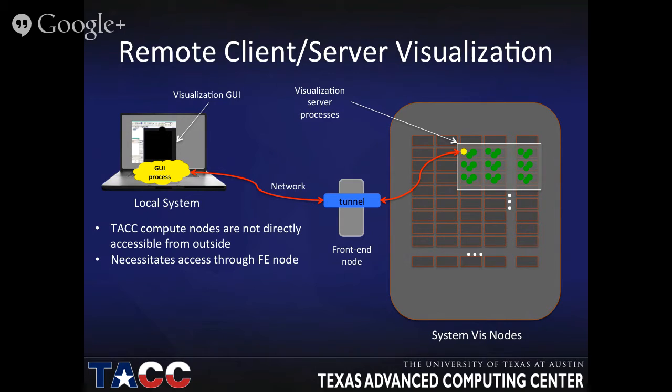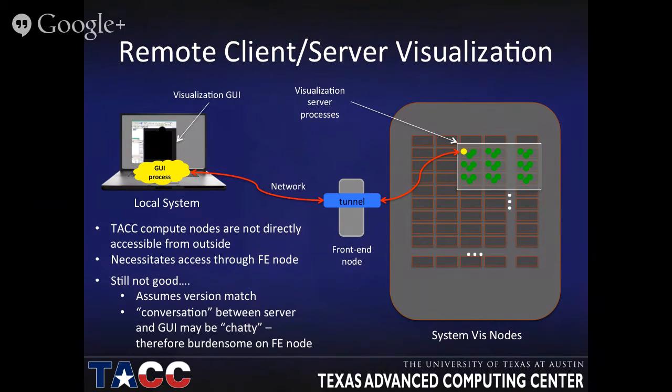So that is problematic for us because we have very few of these front-end nodes, and that puts a burden on the front-end nodes, right? Those front-end nodes are now having to participate in the project. And since it's an arbitrary communication between a server and a client, we have no control over how much data that involves.